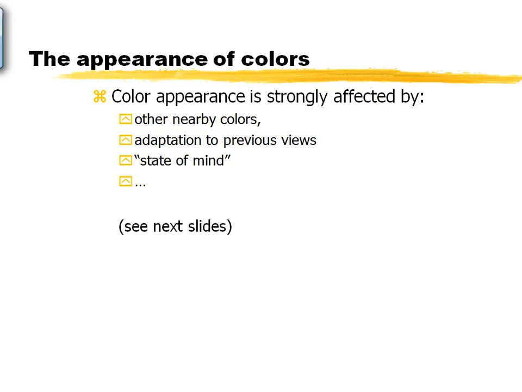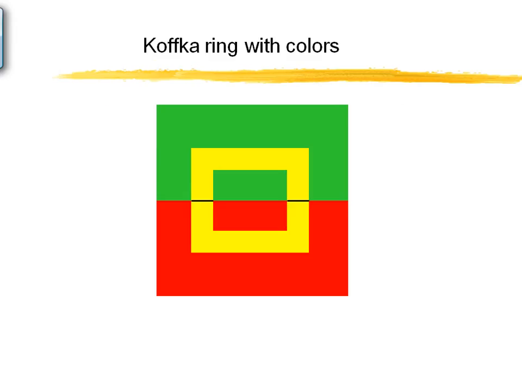Now, in general, color appearance itself is going to be affected by multiple factors, right? We actually get affected by nearby color. Adaptation is a process that we get affected by, and of course the state of mind, right? Where we are and what we are thinking at any given time. So here's a great example, right? If you look at an image like this, right?